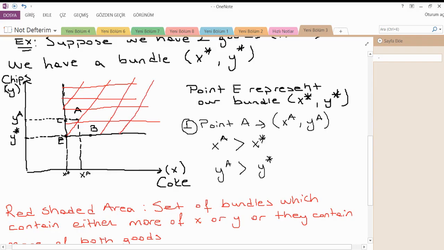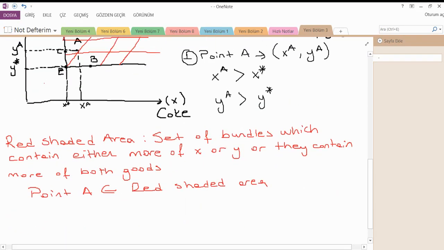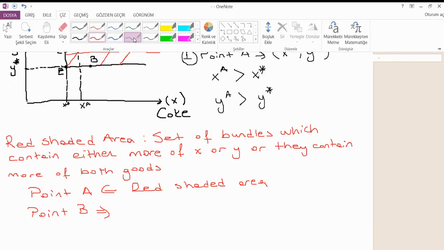Even the points on the quadrant lines are included because let's have a look at point B. I'm going to choose another color.